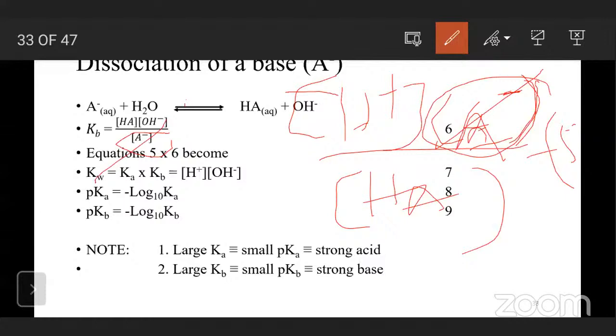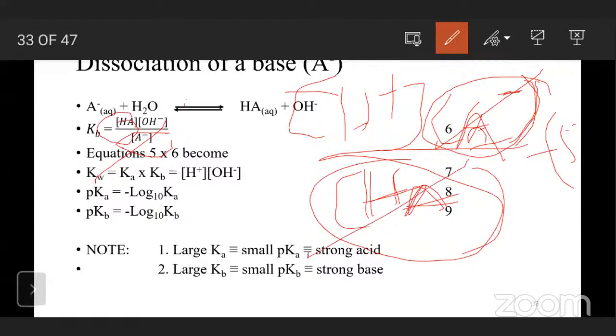Then look at this parameter, which is the concentration of the weak acid, or the weak base, that's HA. You have the same parameter also in equation 6. That's the concentration of HA. So that parameter in the denominator cancels the same parameter in the numerator.